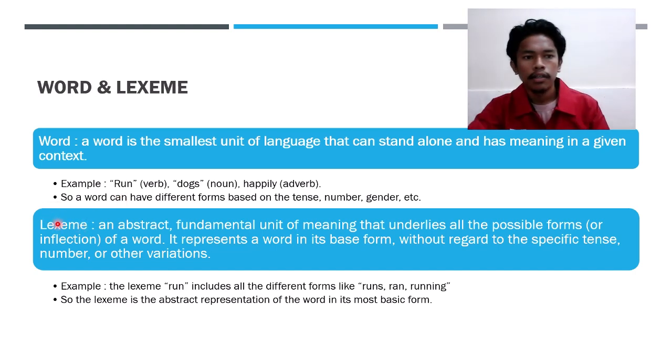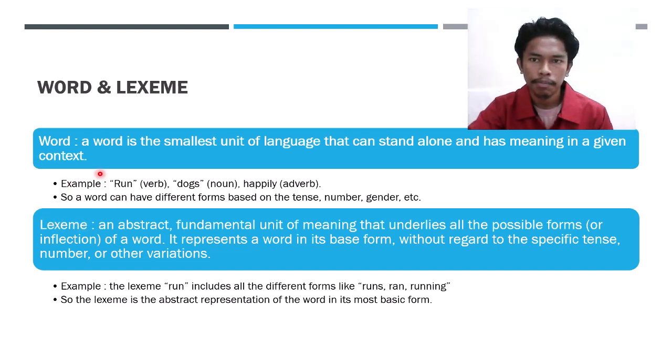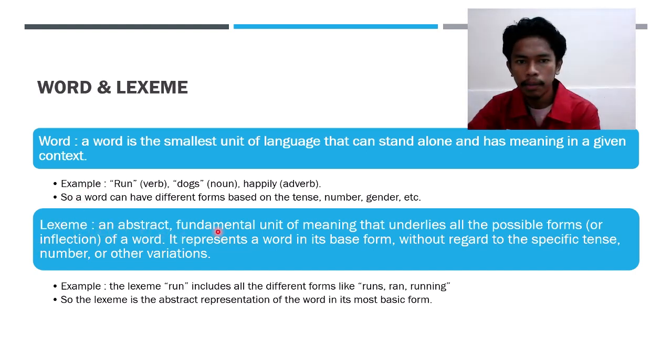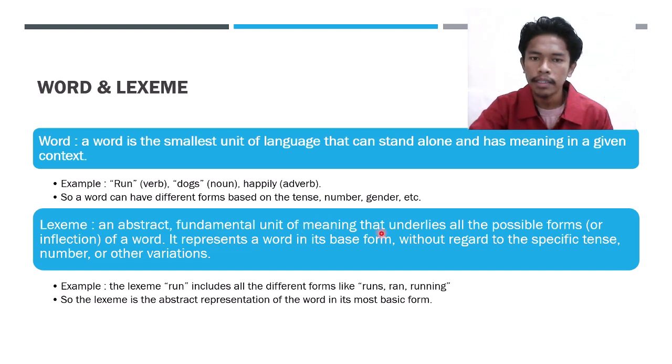So next, the lexeme. This is a simple definition, but a strong point. A lexeme is an abstract, fundamental unit of meaning that underlies all the possible forms or inflections of a word. It represents a word in its base form without regard to the specific tense, number, or other variations.